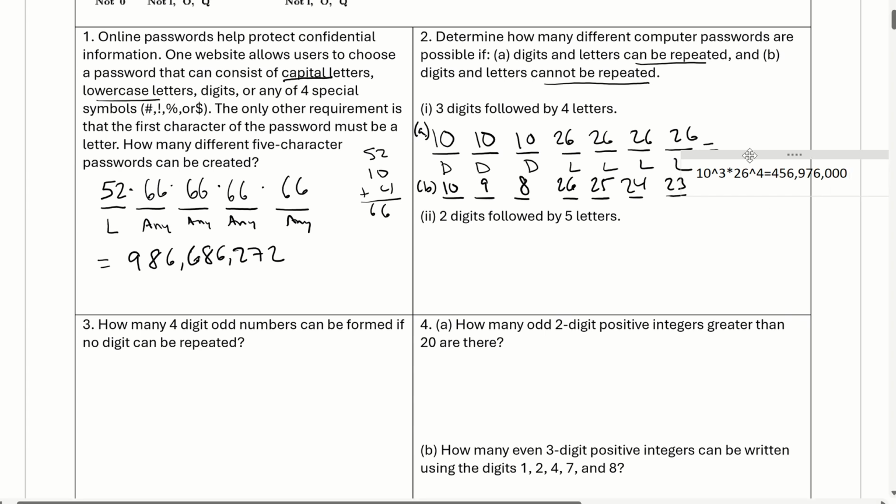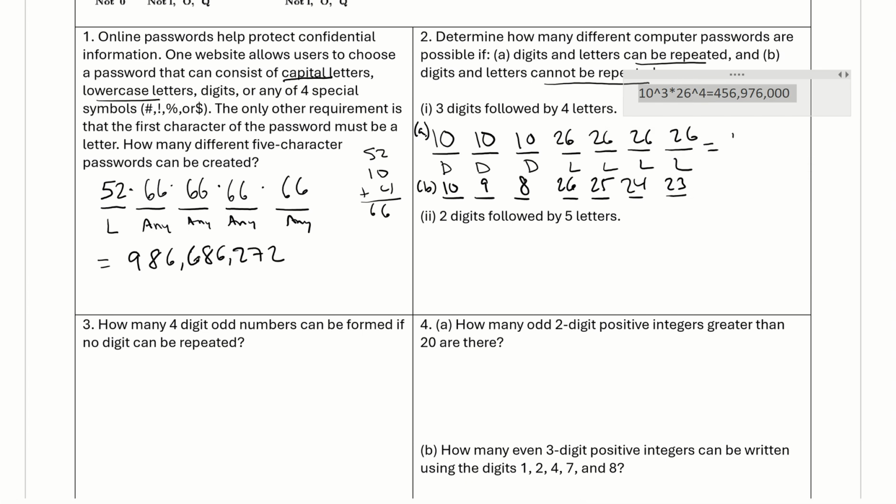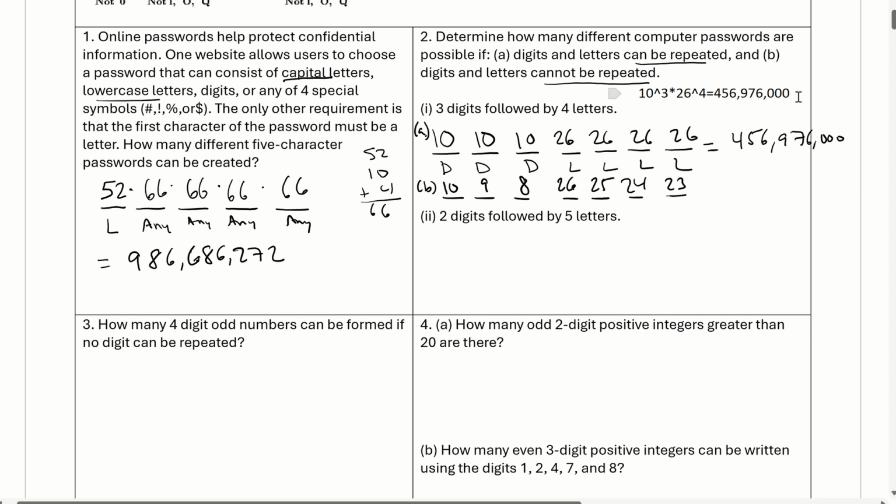So we get that as our answer. Now we're going to do 10 times 9 times 8 for part B, and we get 258,336,000.